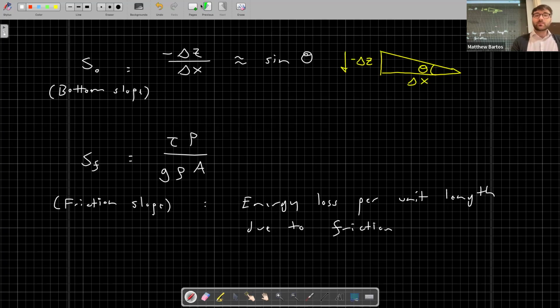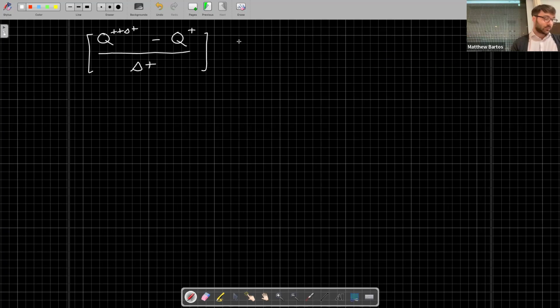So if we take these two terms and substitute them back into the previous equation, we get the following. We have the flow rate at time t plus delta t minus the flow rate at time t, divided by delta t, plus our net momentum flux.